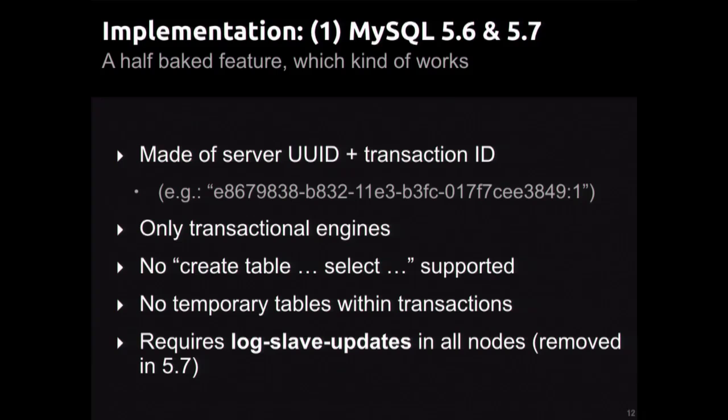There are a few statements that are not allowed, and you cannot have temporary tables within a transaction. In MySQL 5.6, there was another restriction that you should have always log slave updates, and this was improved in 5.7.